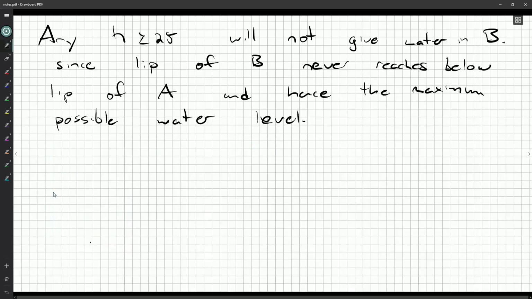Okay. If H is less than or equal to 32 over 3, by A, water won't flow out.